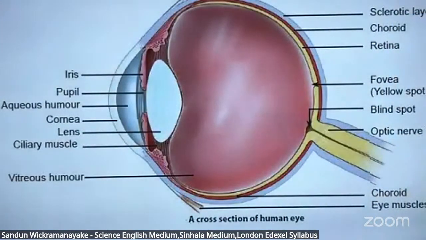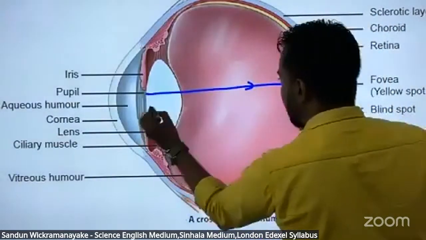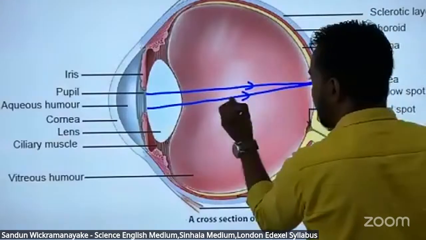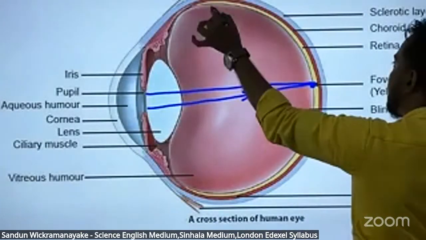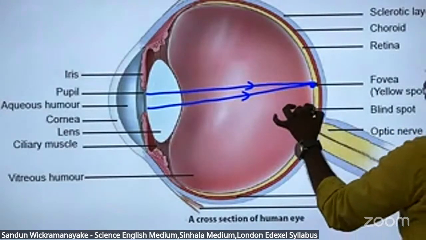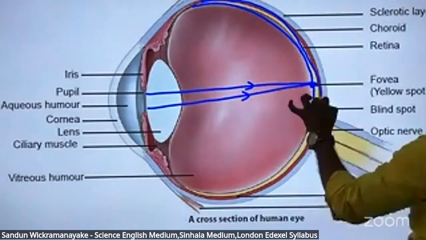Look at this. Most of the light rays come to this place of the retina layer.